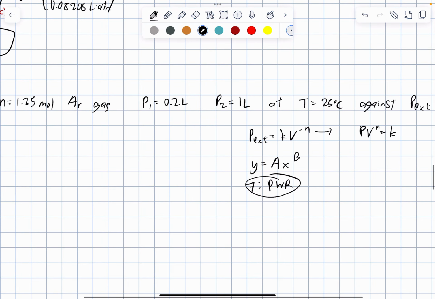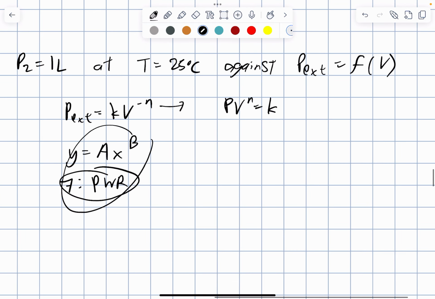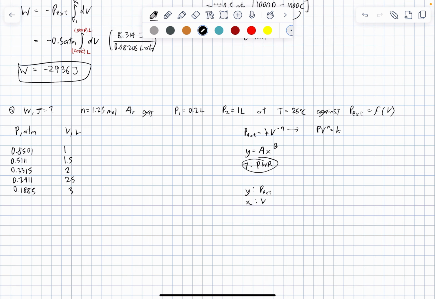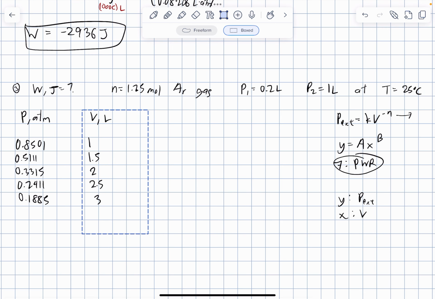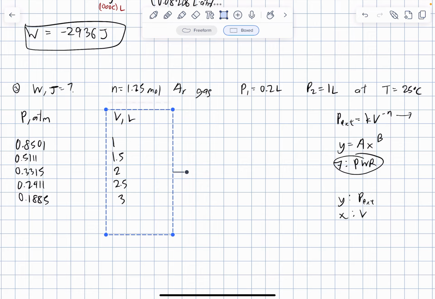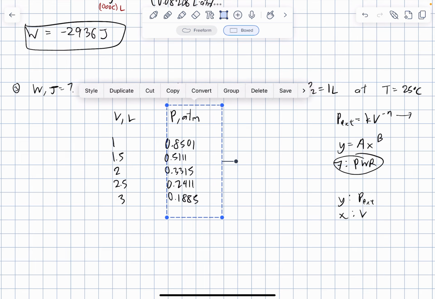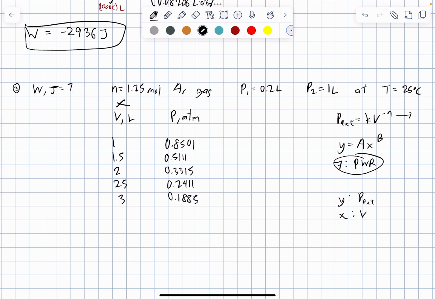Okay, so it's already been established here that y is the P external, in other words, the pressure, and our x is what? The volume, no? So how do we arrange this table? This is the volume, this is the pressure, this is x, this is y.